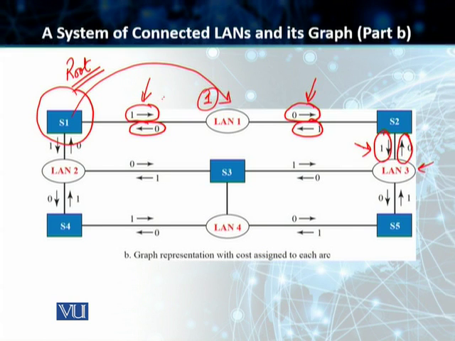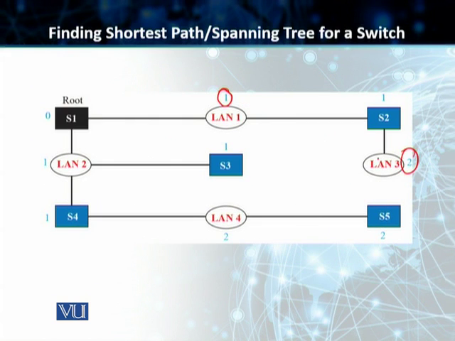This 1 plus this 0 plus this 1. So students, you have got a 2 here. And students, in this particular case, what we have done is we have actually found the shortest path in the spanning tree algorithm for each of the switches by using our root switch technology.